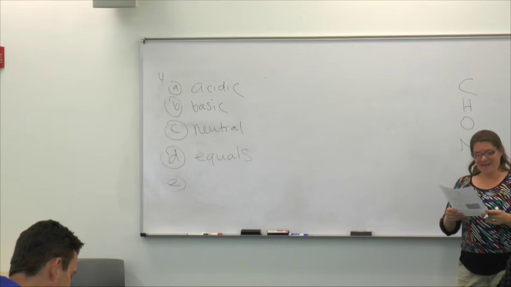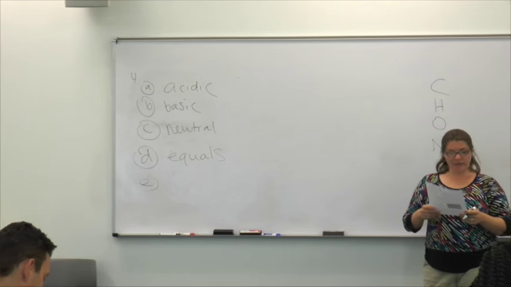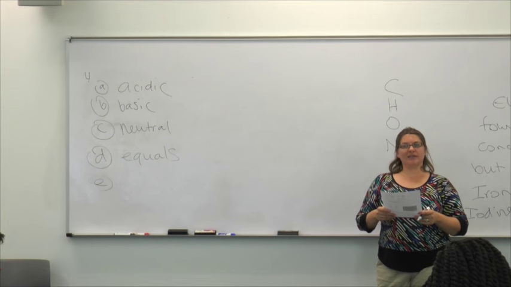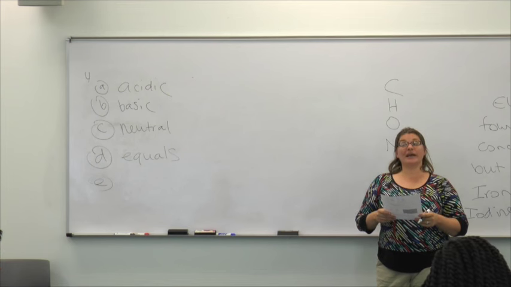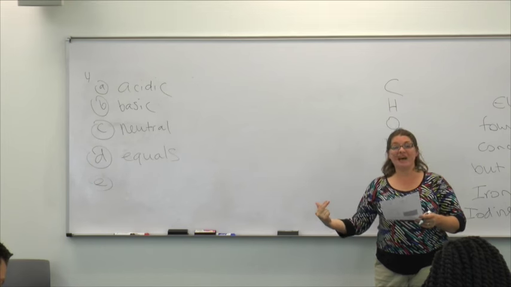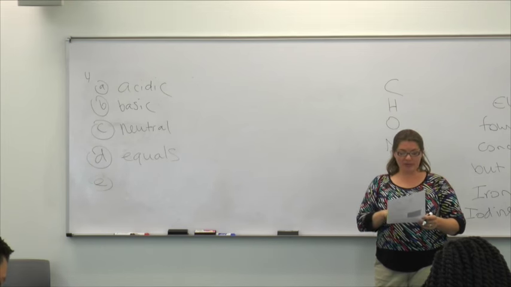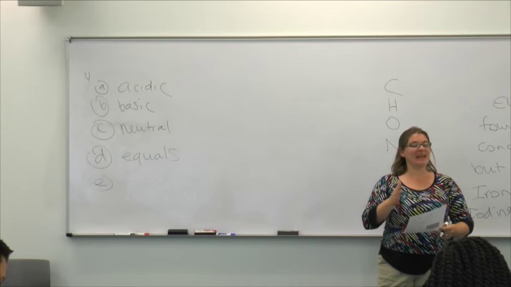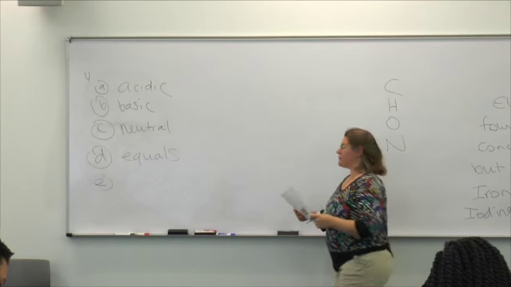How about with letter E? In an acidic solution, the number of hydrogen ions is greater. Or equal? It's less. Okay? In an acidic solution, there's more hydrogen than hydroxide. So according to how this question is worded, you have to say the number of hydroxide ions is less than the number of hydrogen ions.